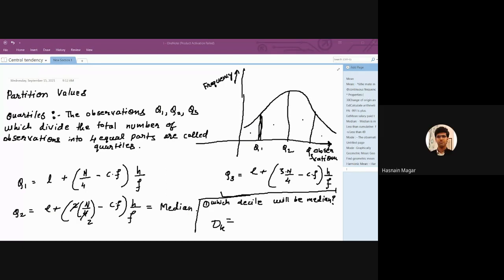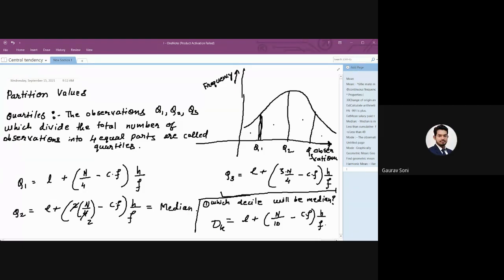So 10 equal parts. So can I say L plus n by 10 minus CF into H by F? That's it. Yes, sir.